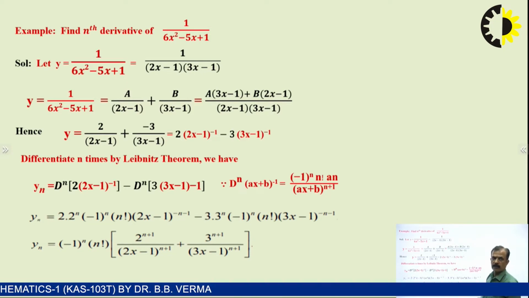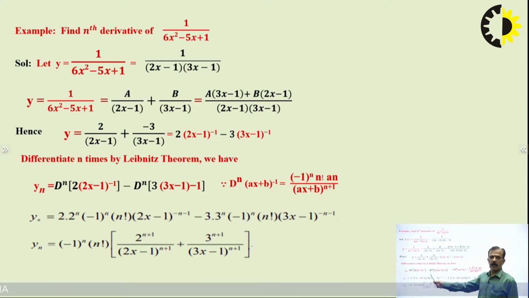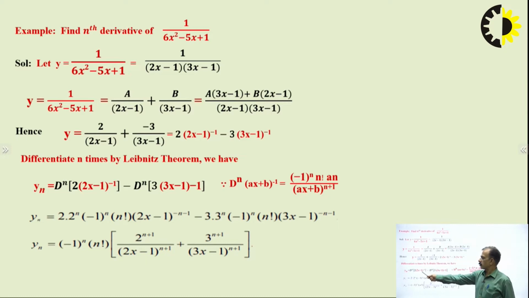So, the value of the nth derivative of 2x minus 1 whole raised to the power minus 1 is minus 1 raised to the power n, 2 raised to the power n, factorial, 2x minus 1 whole raised to the power minus n minus 1.